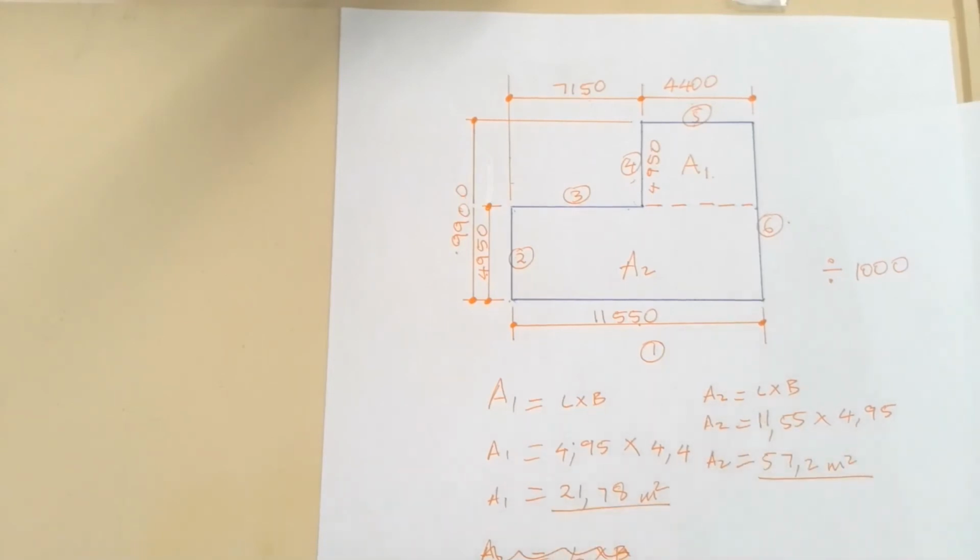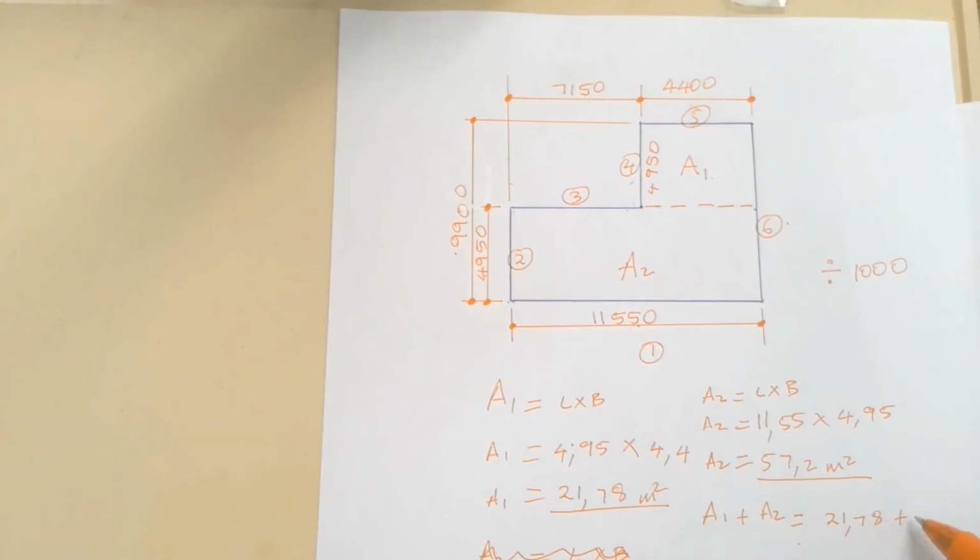All right, but the question wanted us to calculate the total area of the dwelling. We then say area 1 plus area 2, which must be the same as saying that it's 21.78 plus 57.2, which will give us 78.95 square meters.